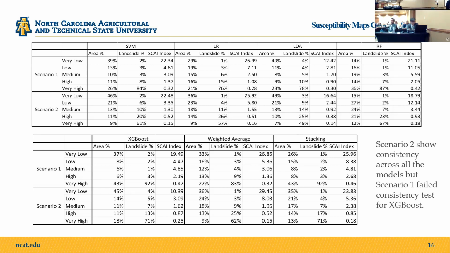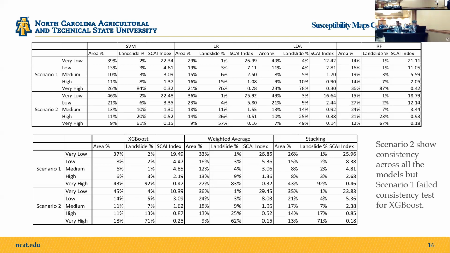What the SCAI index does is look at the percentage of landslide against the percentage area. This is supposed to be decreasing. That is, the SCAI index, the seed cell area index, is supposed to be decreasing.